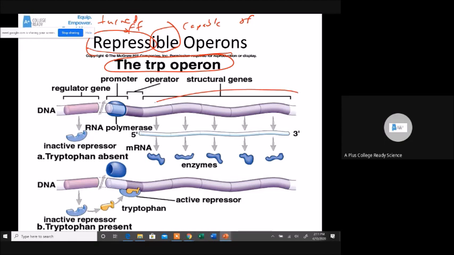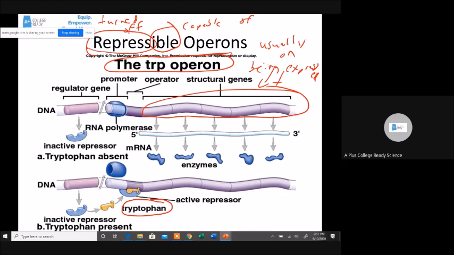So here are the structural genes in this operon. Because this is a repressible operon, these genes are usually on. In most cases, they're being expressed. But when certain changes in the environment take place, their expression can be turned off. Let's talk about the trp operon for a second and what it is. Tryptophan is an amino acid that bacteria have to have that they typically don't get from their environment.